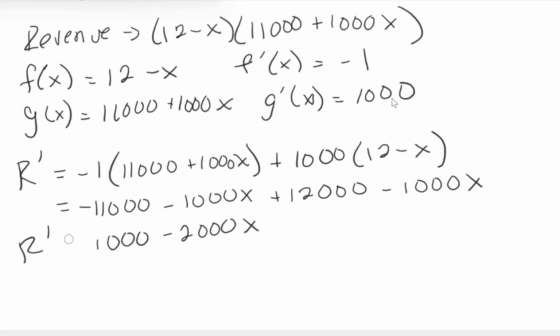So cleaning it up a little bit, I get 1,000 minus 2,000x. If I set that equal to 0, I get 1,000 equals 2,000x. So 1/2 equals x.